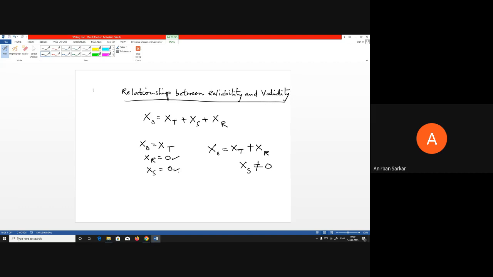But if it is valid, it means that it is reliable. So we can finish by saying that reliability is a necessary but not sufficient condition for validity.